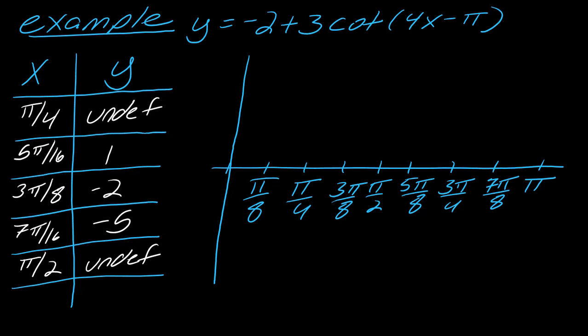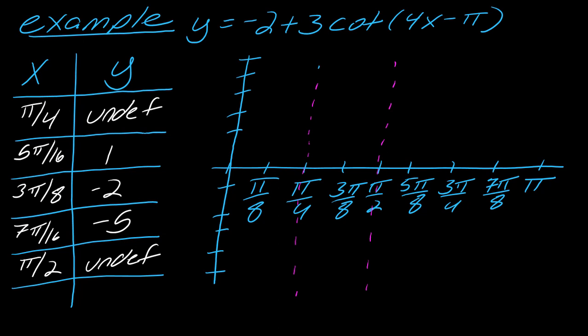Okay, so now I can go ahead and label my asymptotes. So there we go there. And here's another one. And okay, so now I can also set up my y values. So let's make this 1, 2, 3, 4, 5, and 1, 2, 3, 4, 5.